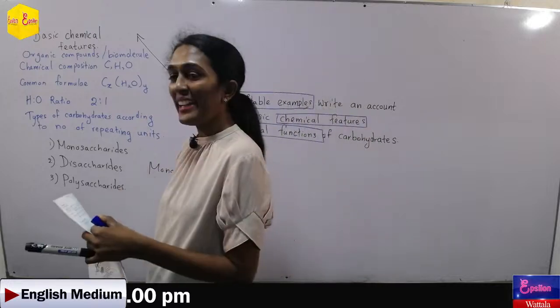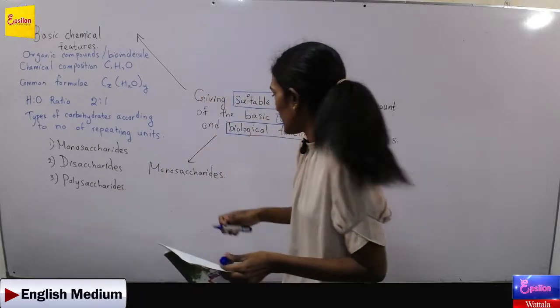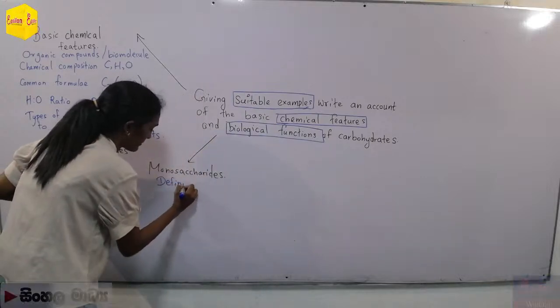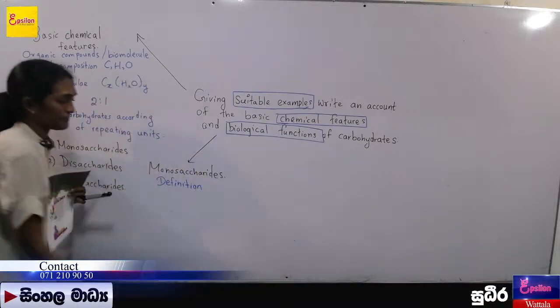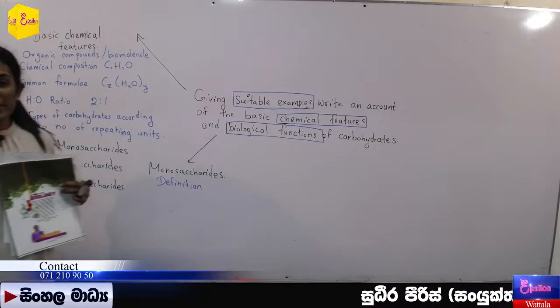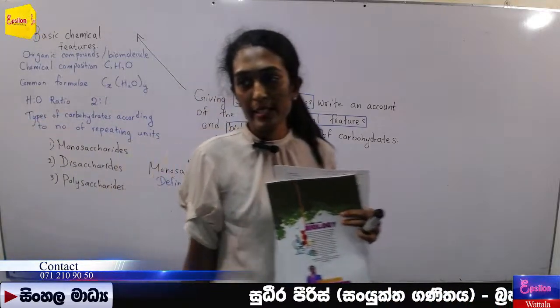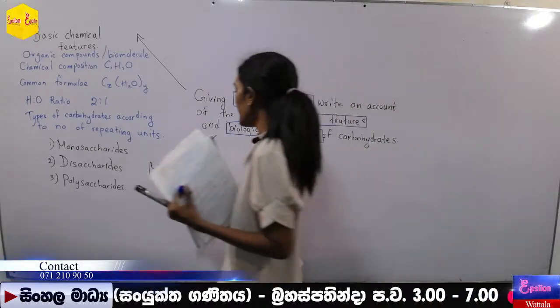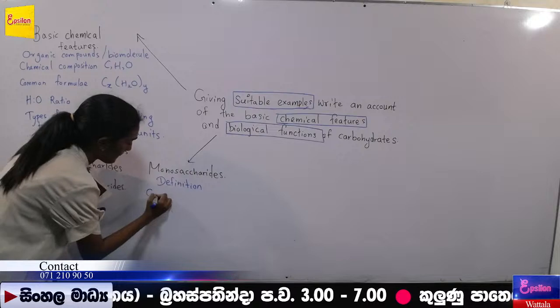We are going to write the definition. Right? Definition should be written, isn't it? So here it's definition. And you can mention the number of structural units and all that. All is there in the definition itself, no? Alright, then what is the common formula?